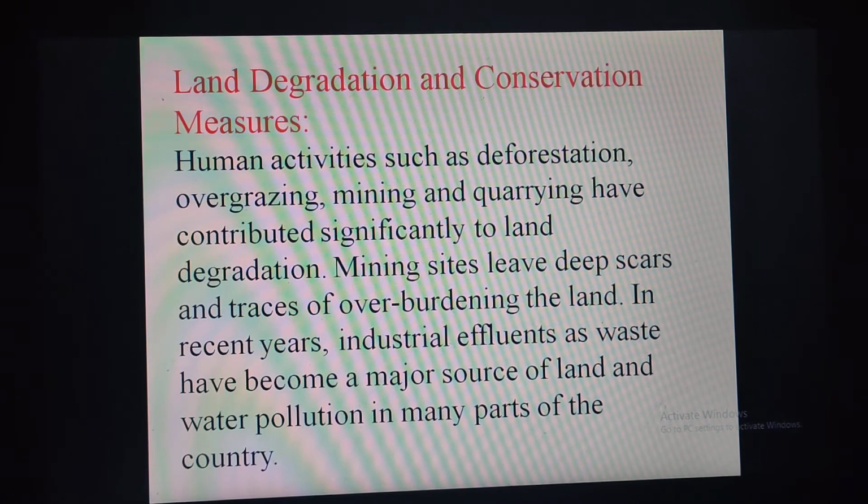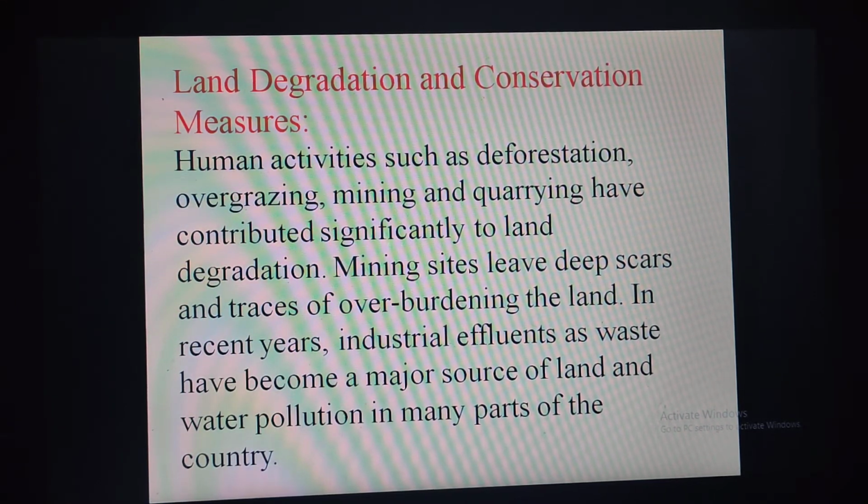Mining sites leave deep scars and traces of overburdening the land. In recent years, industrial influence and waste have become a major source of land and water pollution in many parts of the country, as we are seeing right now.